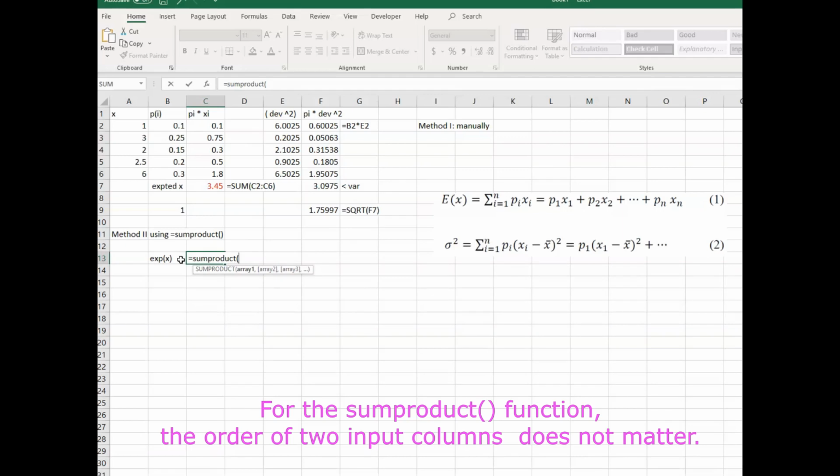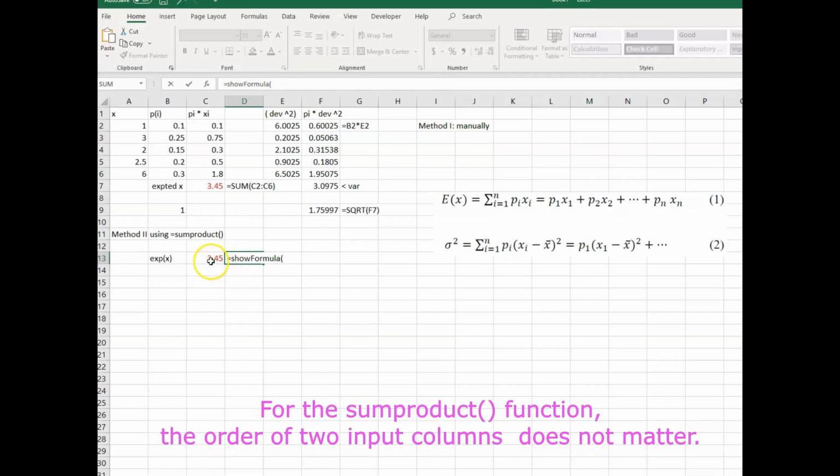We have two columns. The first one is our x value, comma, and the second one will be our probability. The summation of this expected value will be the same. So let's use show formula.